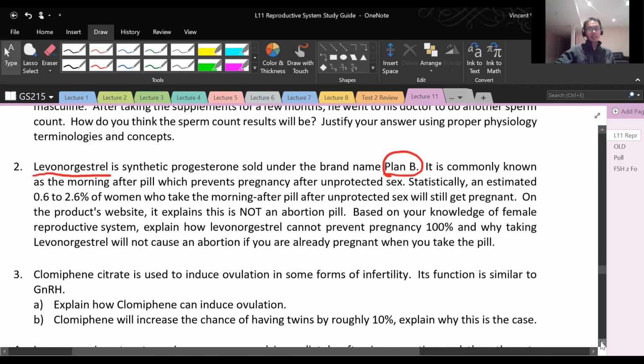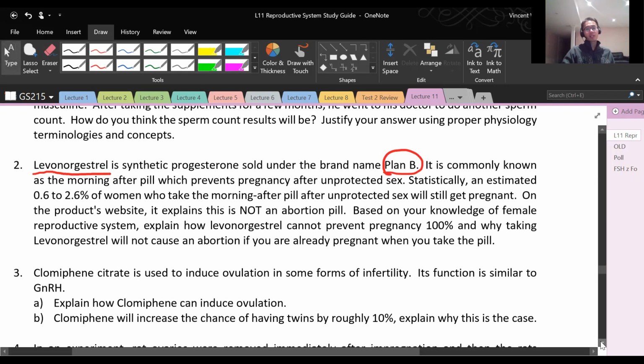Statistically, an estimated 0.6 to 2.6% of women who take the morning after pill after unprotected sex will still get pregnant. On the product's website, it explains this is not an abortion pill. Based on your knowledge of the female reproductive system, explain why Plan B cannot prevent pregnancy 100% and why taking it will not cause an abortion if you are already pregnant when you take the pill.